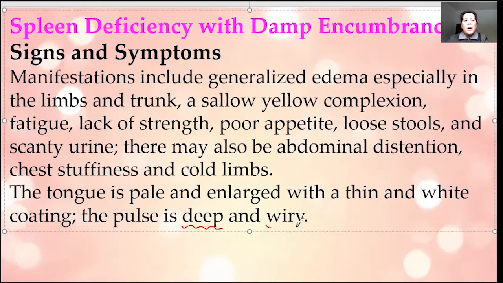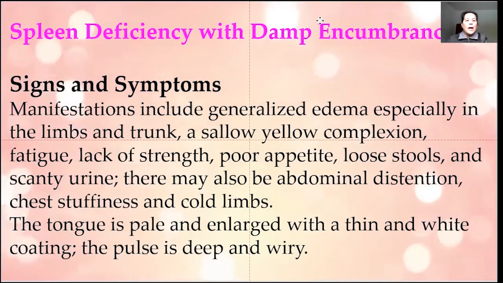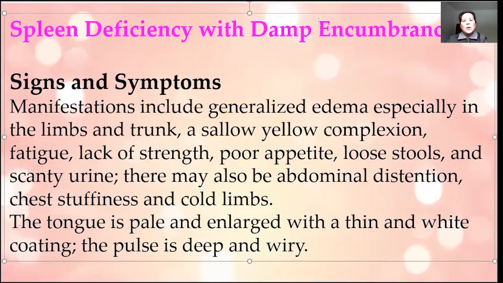And the wiry pulse can come from water retention. Yeah, a wiry pulse comes from three situations. Certainly, in most cases we talk about liver issues, but painful situations, like water retention and dampness of the lung, can still cause it.